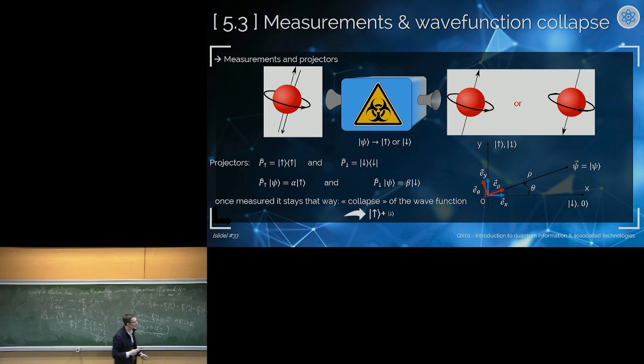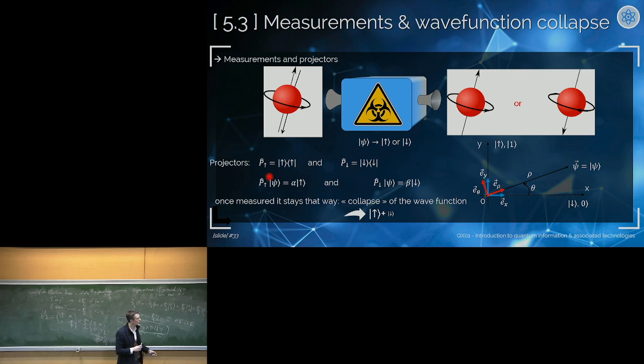Okay, so how do we do this? So again, we can define operators to do that, and in fact, what they are projectors. So this is the up projector. So we call it like this, and we'll see later on. This notation is the outer product. I told you we're going to talk about this.